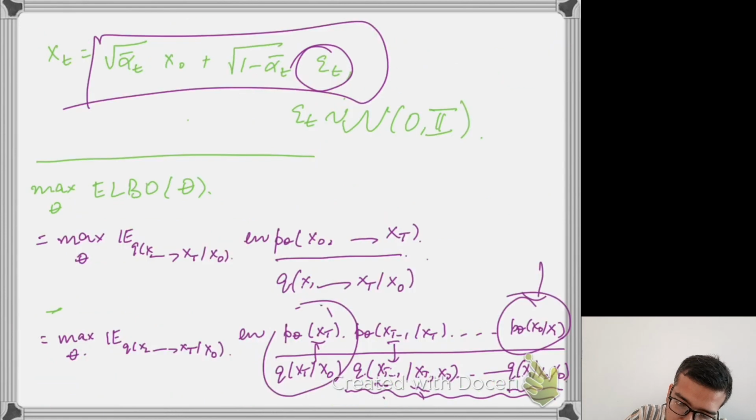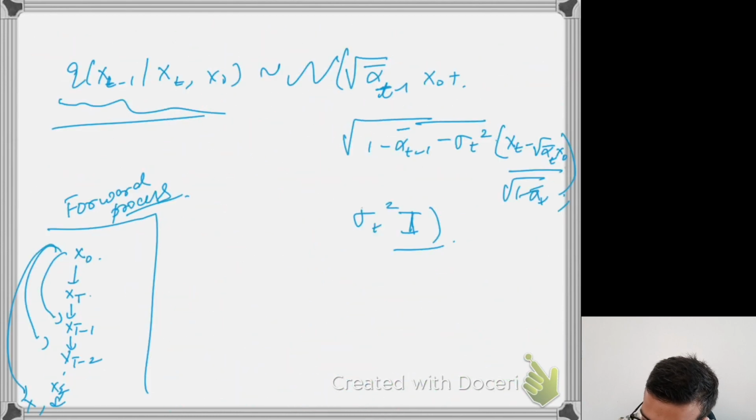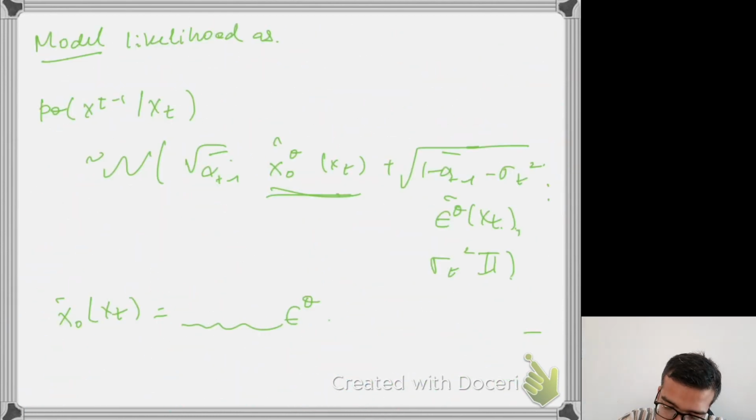This one. Right, so x_0 is nothing but x_t minus square root of 1 minus alpha_t bar epsilon_t over square root alpha_t bar.